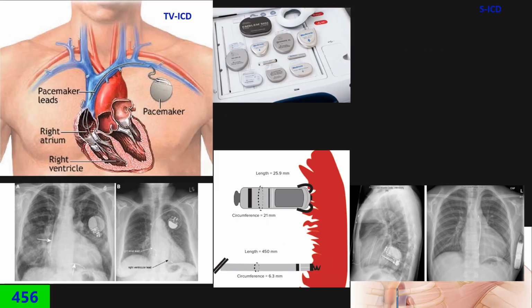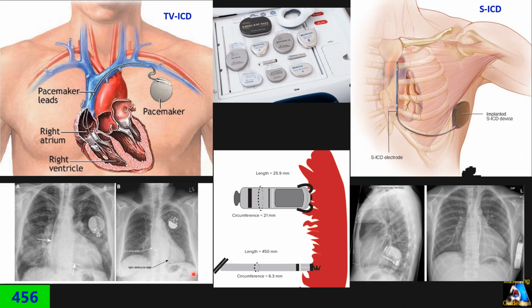Here are the different types of ICD and pacemaker, with their shapes and sizes. You can see here the two types of active implantation, where a spring or coil goes inside the myocardium, and this one in this case is a leadless or wireless device that has hooks or arms that go between the trabeculae and anchor in that area without penetrating the myocardium.